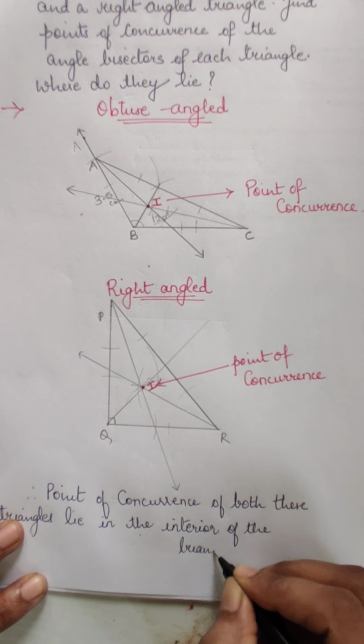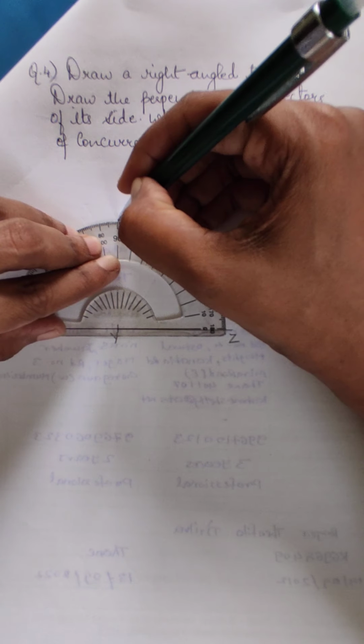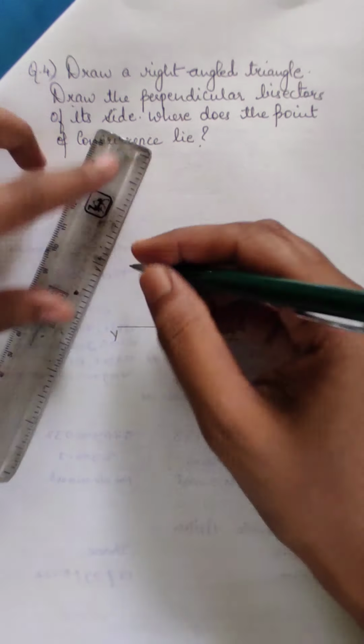So this is 5 centimeter, Y, Z. The angle Y is 90 degree. Now we have to draw the perpendicular bisectors. We know perpendicular bisectors means bisecting the sides. This is X. This is a right angle triangle, X, Y, Z.